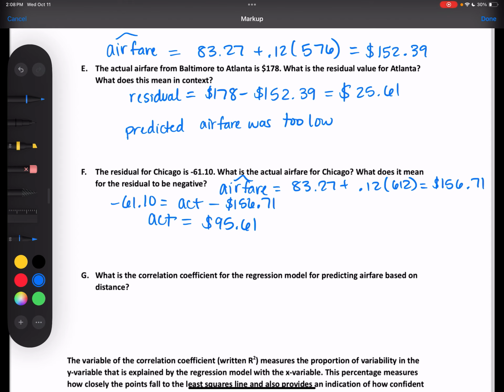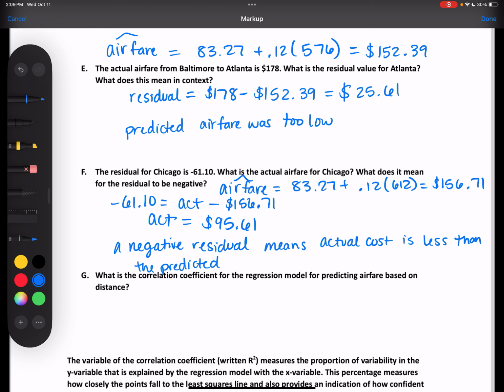As far as what it means for the residual to be negative, a negative residual means the actual cost is less than the predicted, which probably just made sense to you, but to some people it doesn't. If you thought about it long enough, you probably would have figured that out.